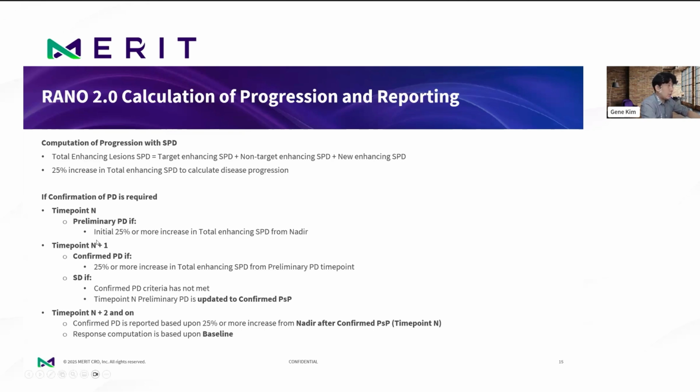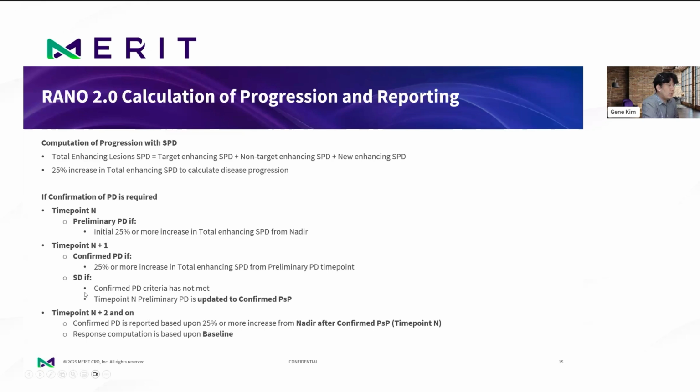This would be the time point where you would assess whether the patient is actually going into a truly confirmed progressive disease, or whether it was actually a pseudo-progression. In the confirmation PD workflow, confirmed PD can be reported if there is another 25% or more increase in total enhancing SPD in comparison to the preliminary PD time point N. If that actually occurs, that would be a confirmed PD.